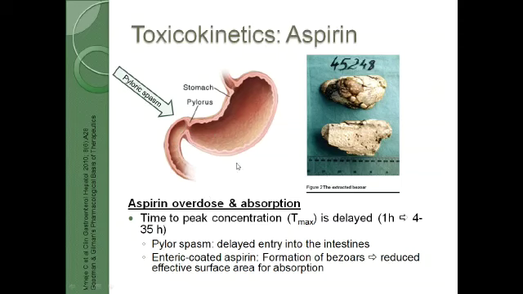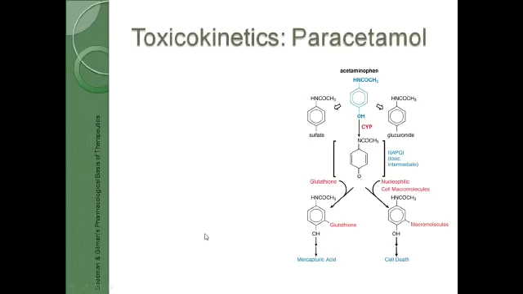Aspirin is absorbed both in the stomach and in the intestines. And if the patient is using enteric coated aspirin, as you see on the right hand side, some bezoars can be formed, stone-like formations, and this reduces the effective surface area. And when it is reduced, absorption is also reduced.